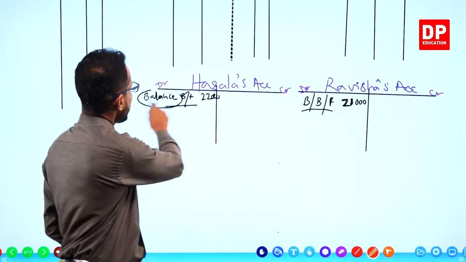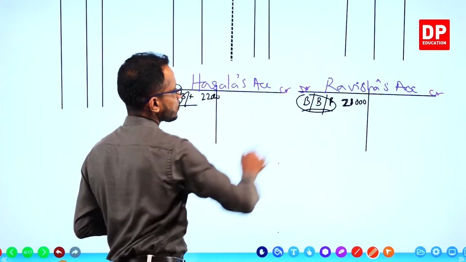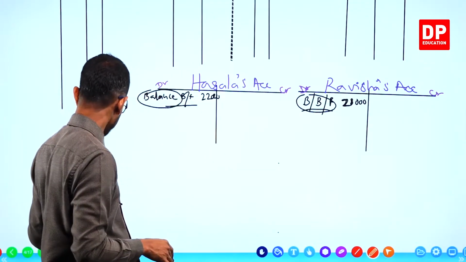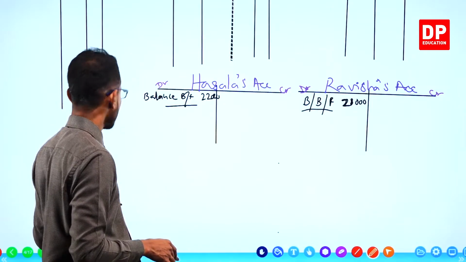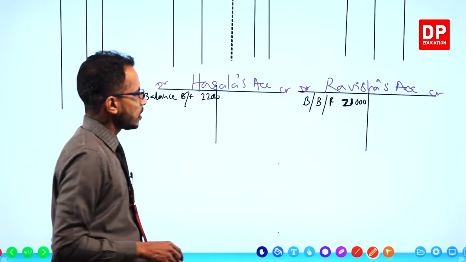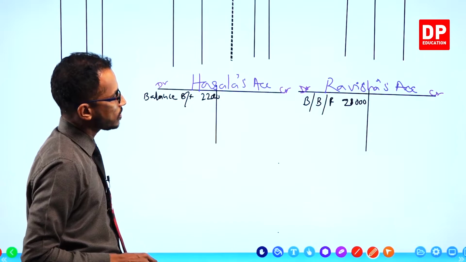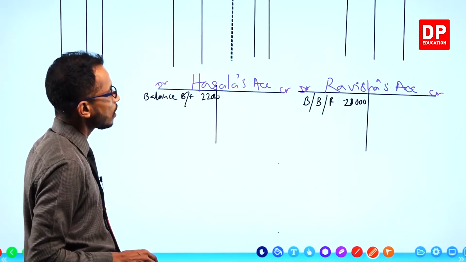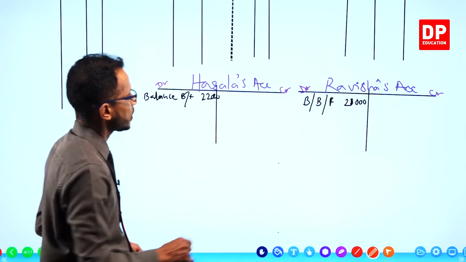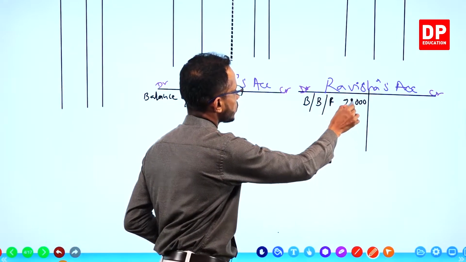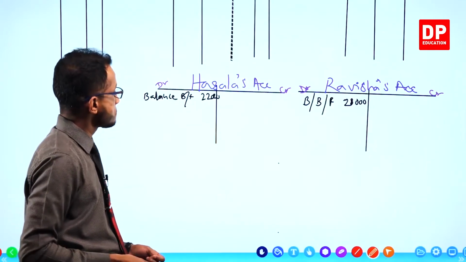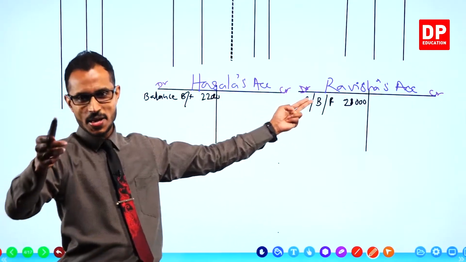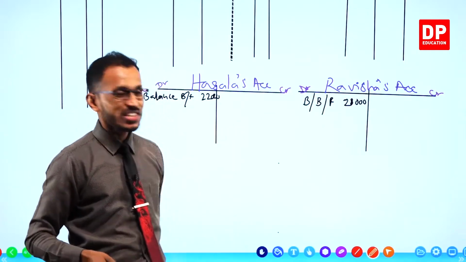Without the entire word, you can use BBF also. It's the same thing. So we are done with recording the balances of the debtors' accounts, debtor Hasala and Ravisha.